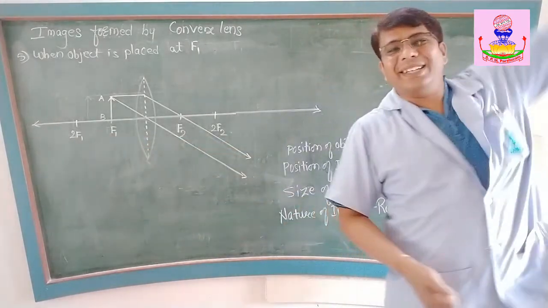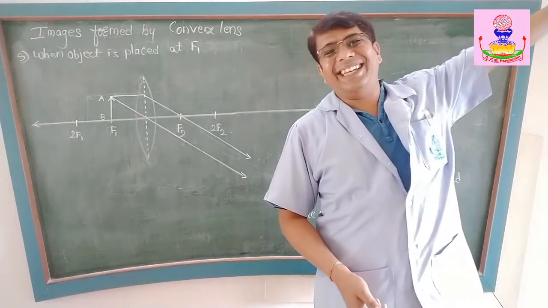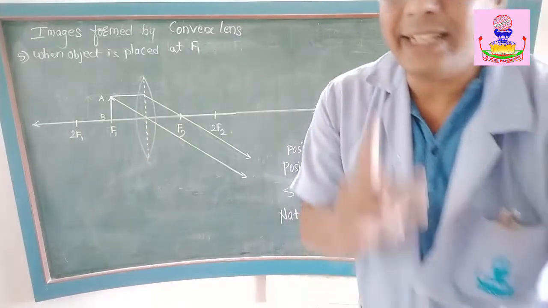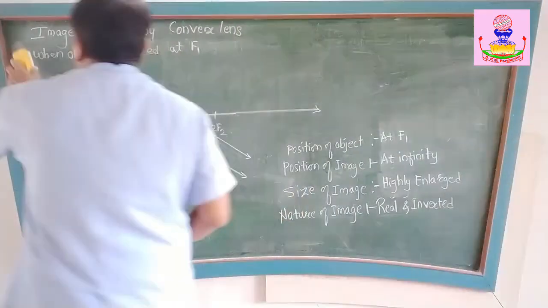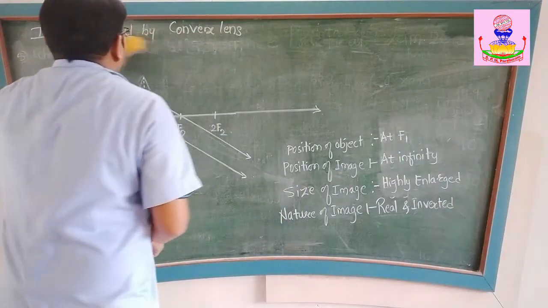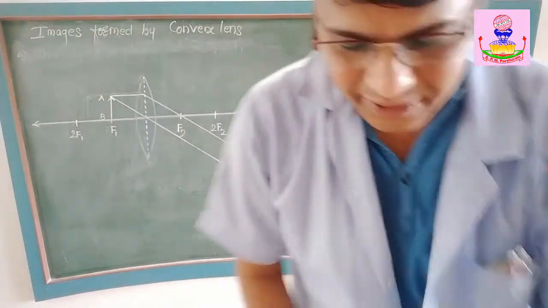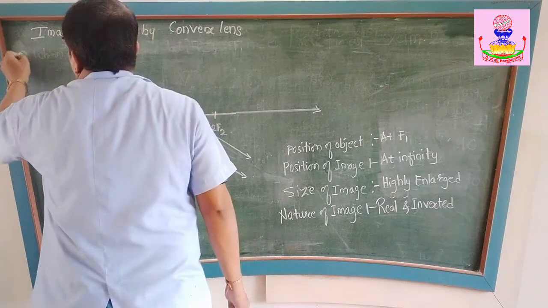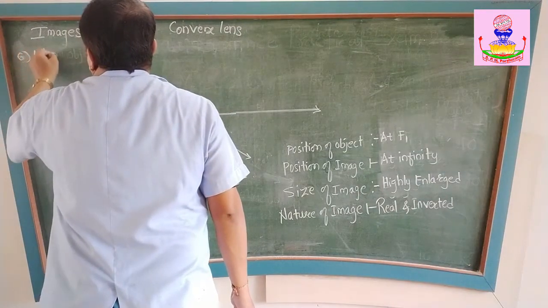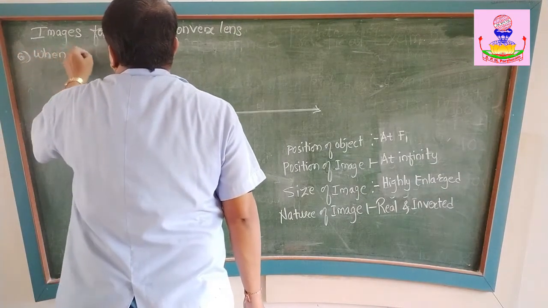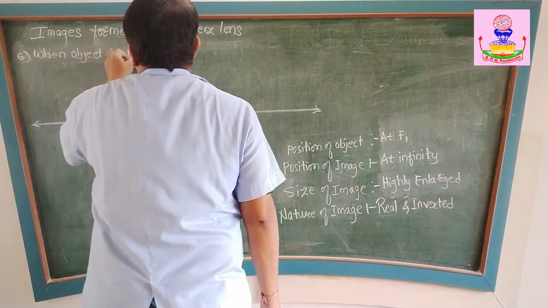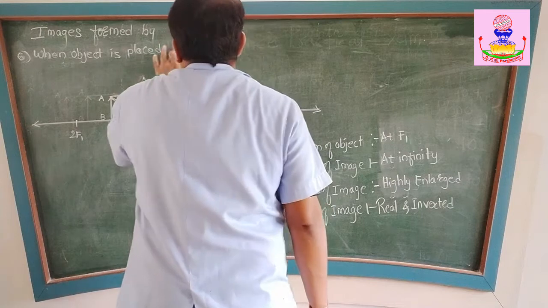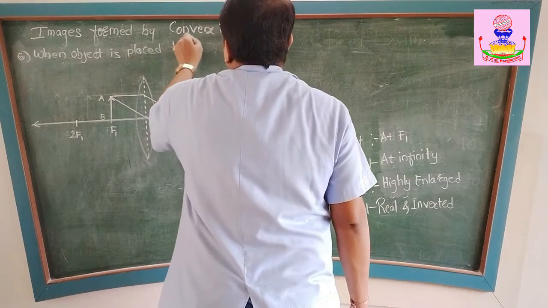And when the object came at F1, the image went to infinity. Now one more position. Let us see what happened. This is really interesting. Just see how the position of the image changes as per the position of the object.